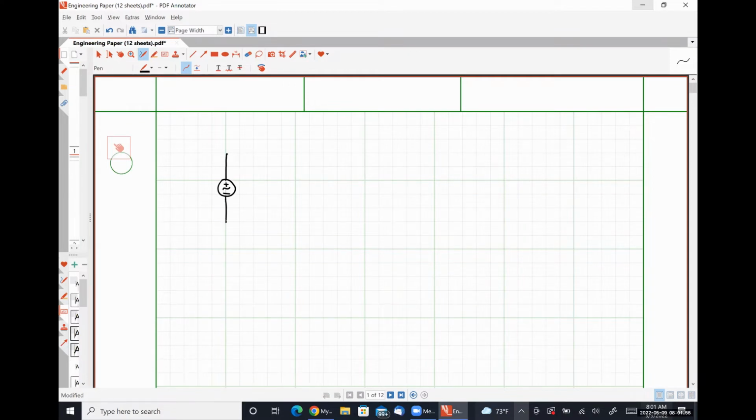So let's say that I have a voltage source that is 20 angle 0 degrees volts connected to some impedance ZA that I will define shortly. Here we have an impedance ZB.